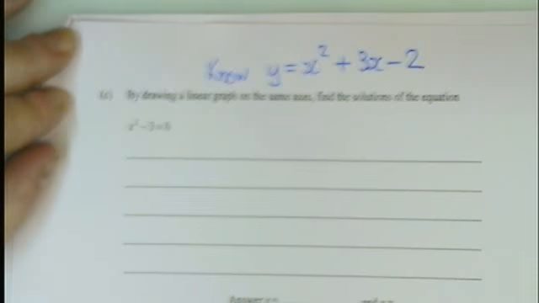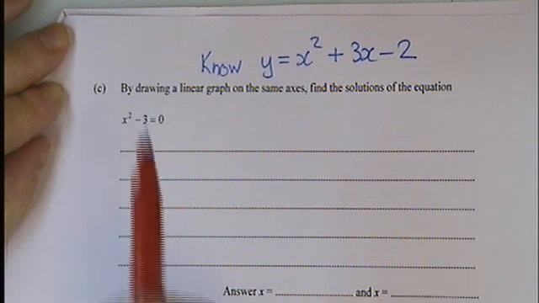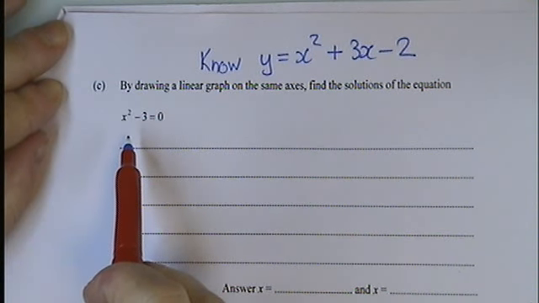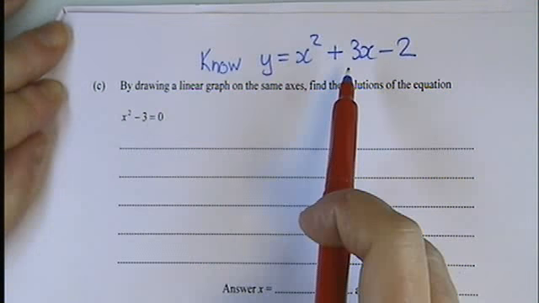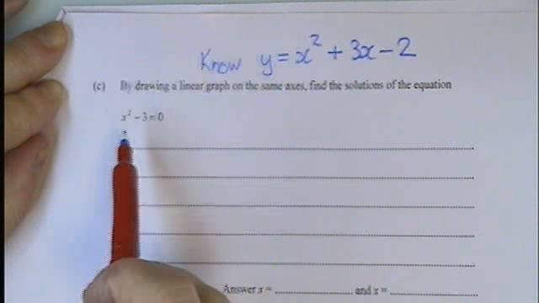That's what we've already got plotted, what we've already got drawn. But we need to do something in order to solve this x squared minus 3. So I need to look at how this is different, and it will give me the line that I need to draw on top of this in order to solve this one.